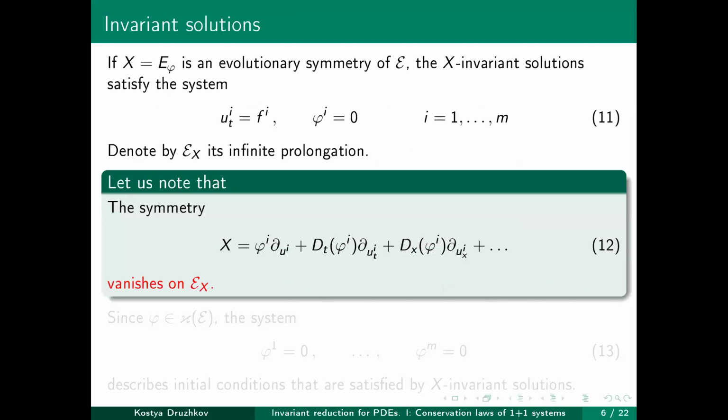Let's denote by epsilon x the infinite prolongation of system 11, that is, system 11 taken with all its differential consequences. One can see that epsilon x is a subsystem of epsilon.